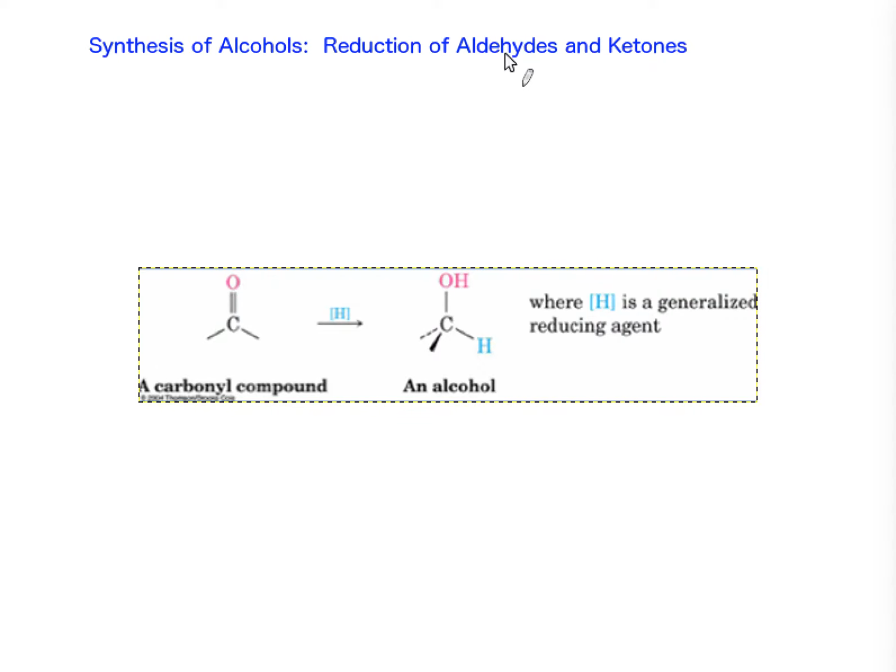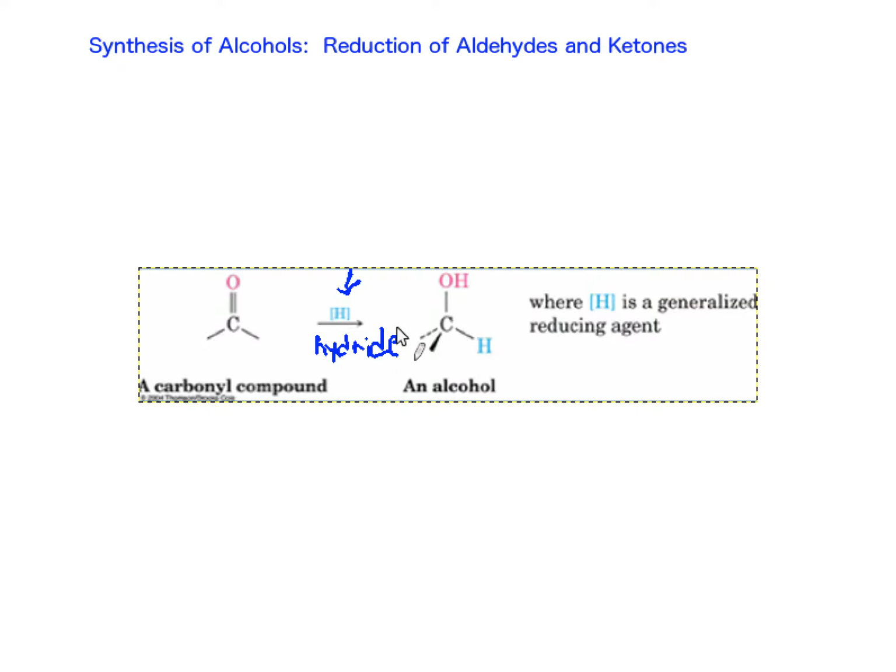And so we're going to take things like aldehydes and ketones, and later in the next video you'll see some carboxylic acids and esters being reduced to form alcohols. In the arrow here we've got an H in brackets, and that's a hydride reagent. So this we're going to say is a source of hydride.